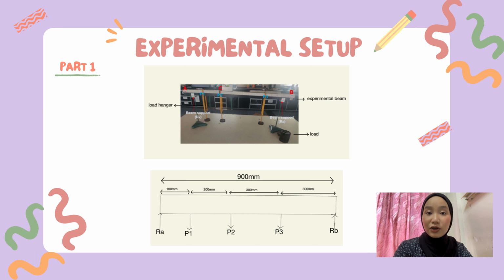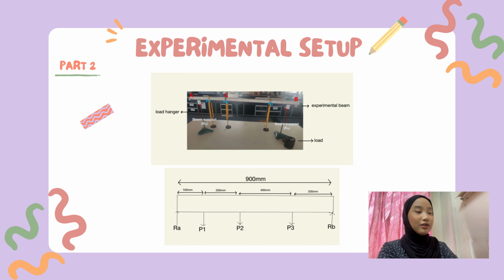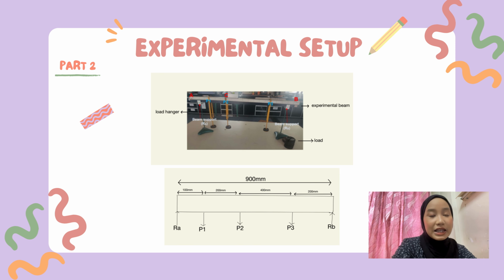Then we will go to the next part, which is a little bit different between part 1 and part 2. So next, part 2. As we can see in this picture, it uses the same apparatus that we will use for the next part. But the difference is the distance between P2 and P3.